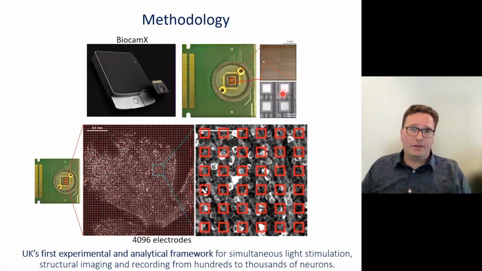This is a high-resolution micrograph. You see one of these metal electrodes is about 20 micrometers, so the spacing is 40 micrometers. When we put a mouse retina on top of that, you see these little red squares, this is the sensing area. This is how much we can sample from that retina, or from that neuronal tissue.